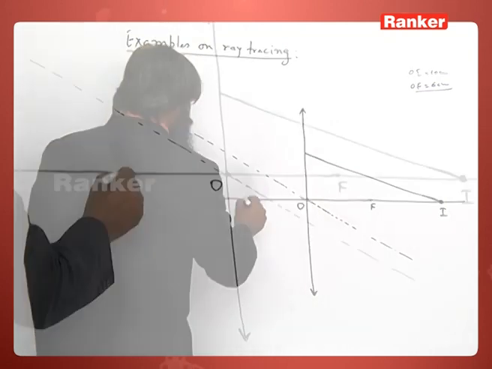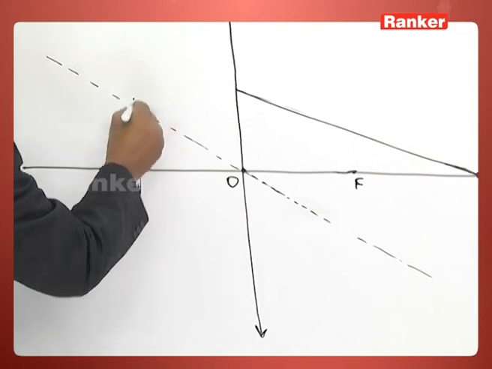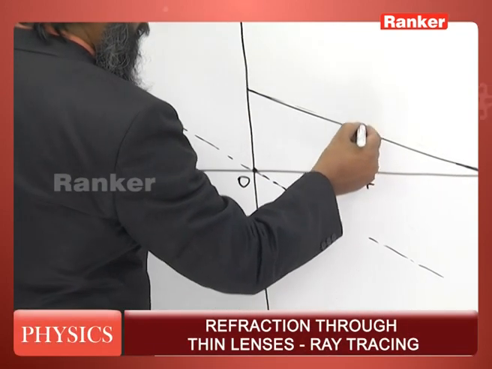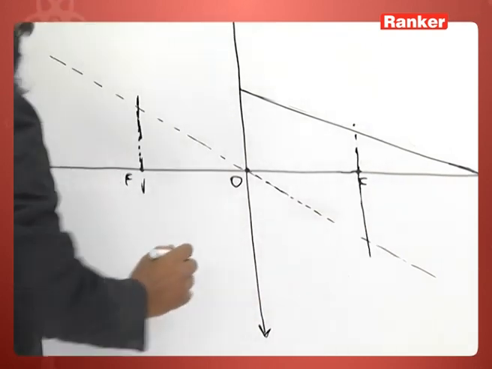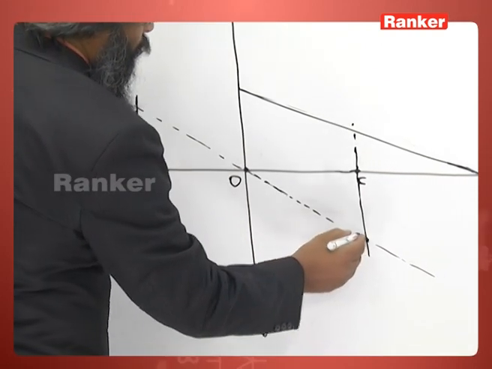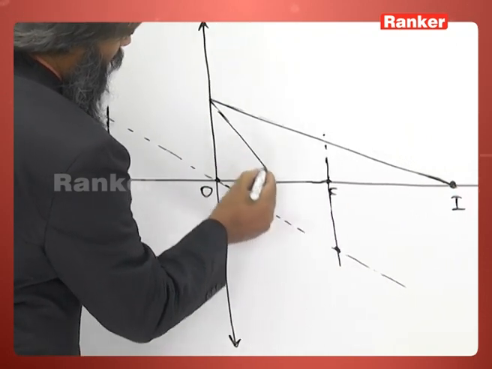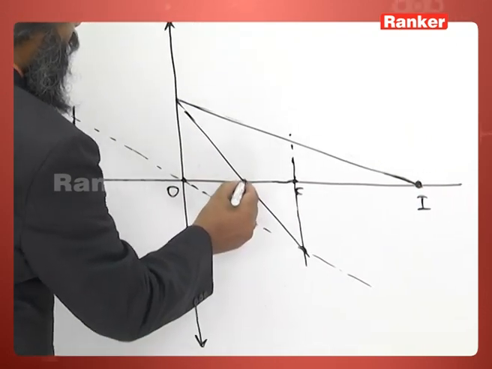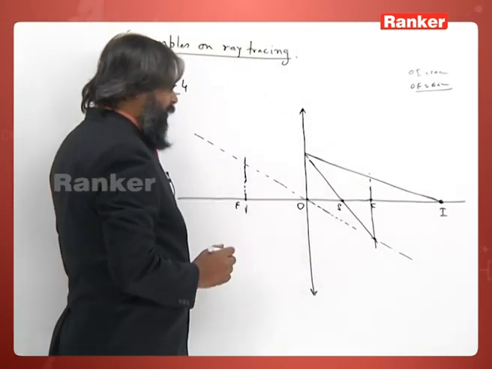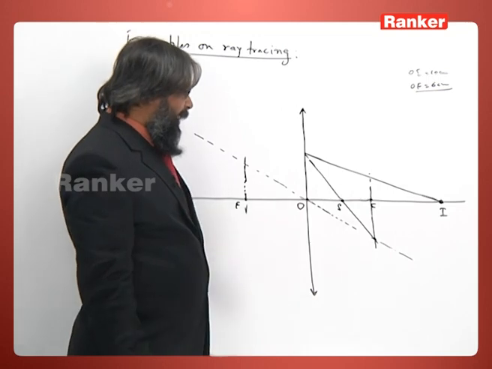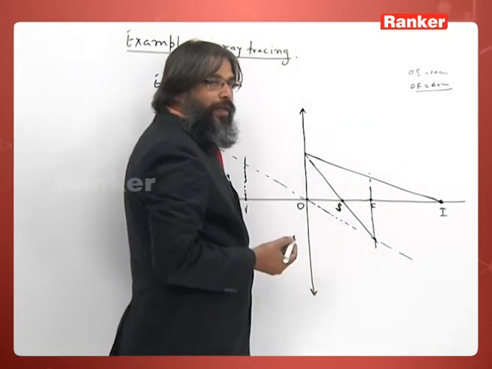Now what we do, we draw a perpendicular here. So this is the focal plane also and this is a focal plane also. So now we join these 2 points. When I join these 2 points, I get this source. So now you see here, this is the source when this I is virtual.